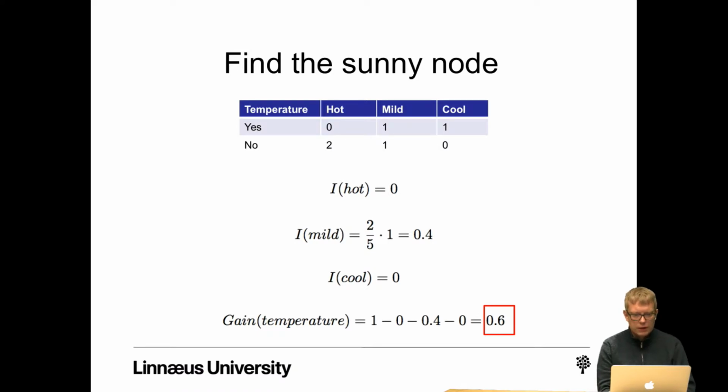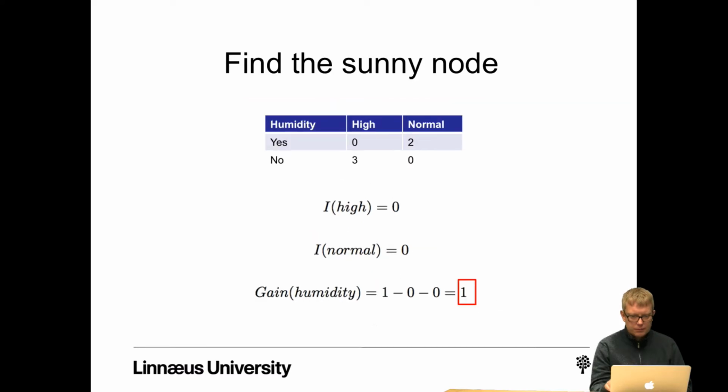Mild is 1 in each of the yes and no categories. Cool is once in the yes category and 0 in the no category. And we can calculate the information gain. It's 0 in both because we have a perfect gain. And mild is 0.4. And we calculate the total gain for the temperature attribute, which is 0.6.